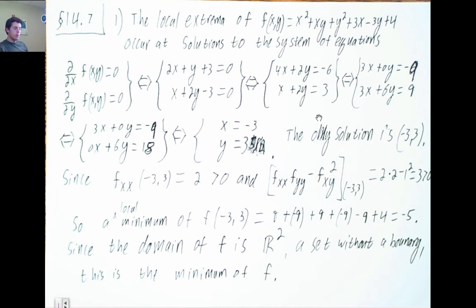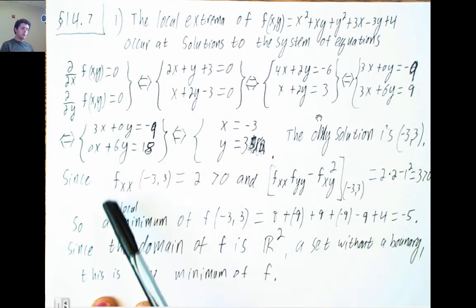Okay, so to recap, in order to find the local extrema and global extrema of a function, what you need to do is find the critical points. There are two kinds of critical points. There are places where the derivatives are equal to 0, and then there are boundaries of the domain. There are also points at which discontinuities occur, but there are no discontinuities for this function. So I'm checking all of these critical points. In this case, the critical points only come from the places where the derivatives are equal to 0.